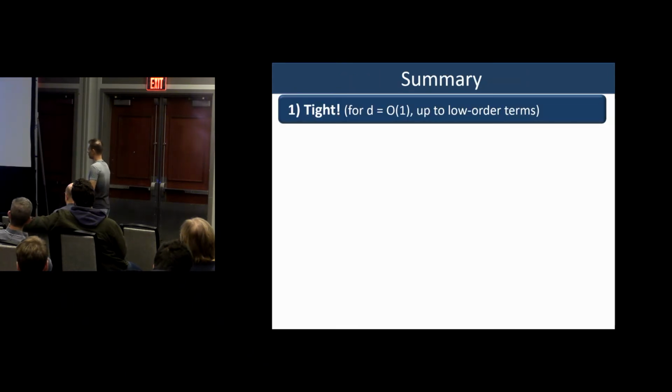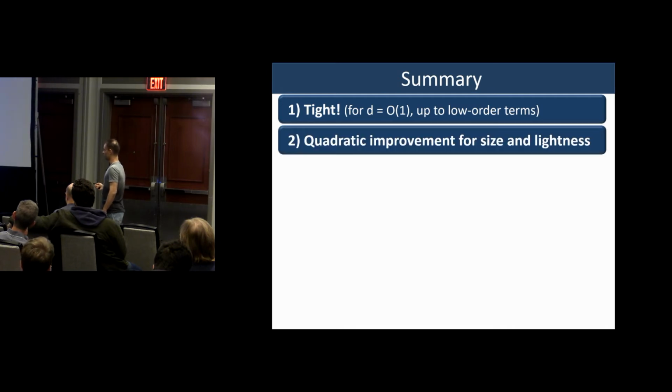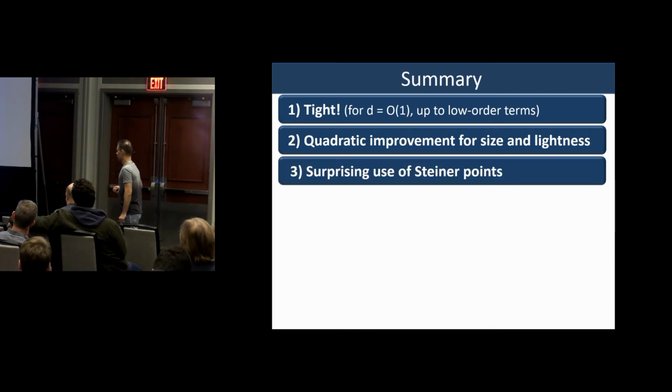Okay, so to summarize, we get tight bounds for constant dimensional spaces. And we get quadratic improvement for both the size and the lightness. But for the size, we need Steiner points. And this is essential. There is actually a counterintuitive usage of Steiner points.